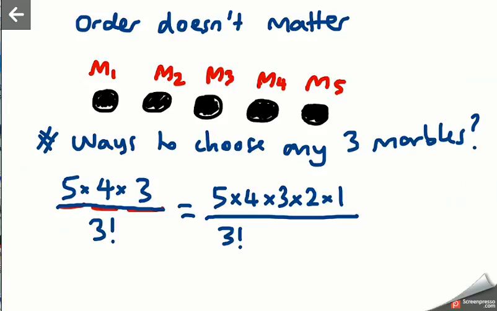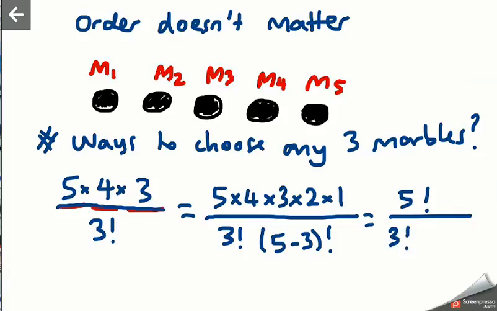We don't want them, so we better divide by 2 factorial, and 2 factorial is the same as 5 minus 3 factorial. So what we do indeed have is 5 factorial, because 5 factorial is on top, divided by 3 factorial times 5 minus 3 factorial.